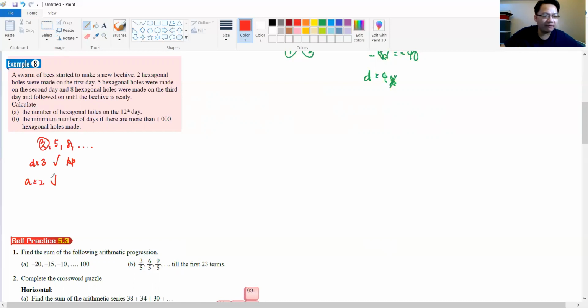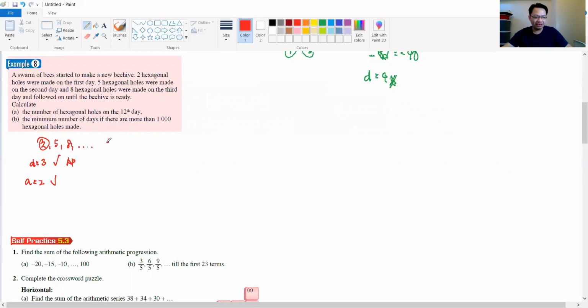What can we do next? Calculate the number of hexagonal holes on the 12th day. On the 12th day, how many hexagonal holes have been made by the bees? We want to find the total of the holes, not the specific holes made on the 12th day, but the whole total made from the first until the 12th day. So we use S12, not T12.